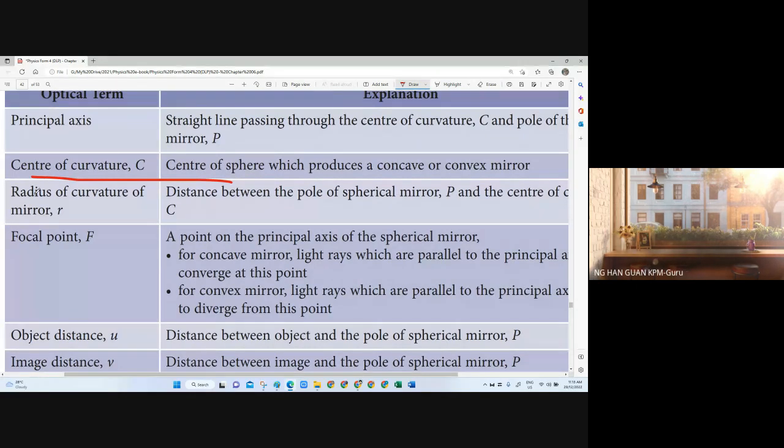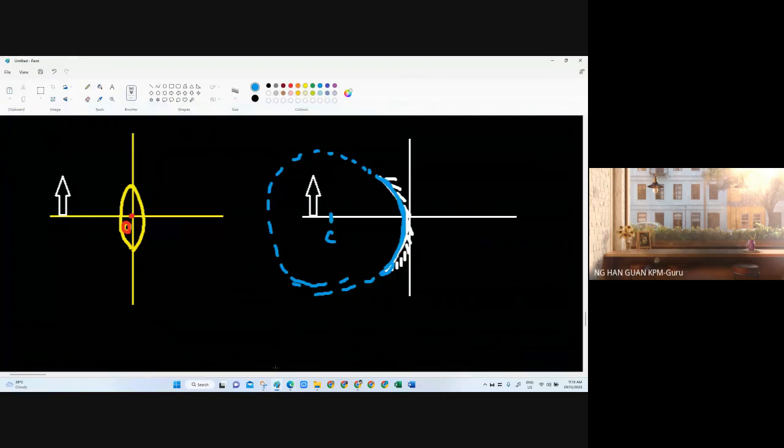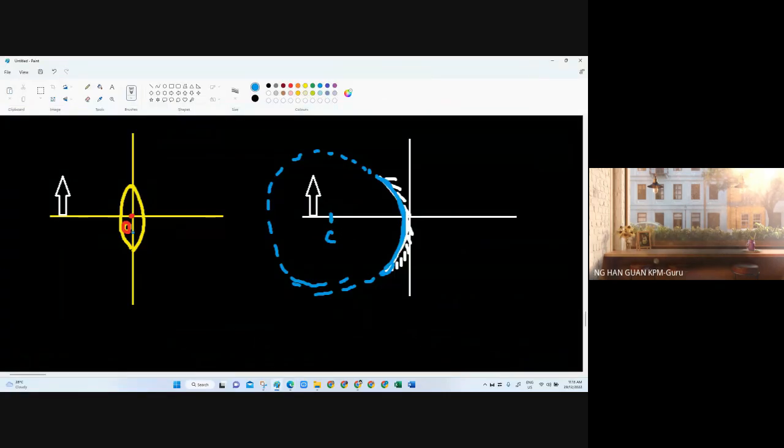So the radius, as I explained to you just now, you can read through to understand what I showed you. For the drawing itself, I already taught you before: when you have the object, from the top of the object, go straight to the optic center, a straight line. We're going to apply the same thing for the mirror.